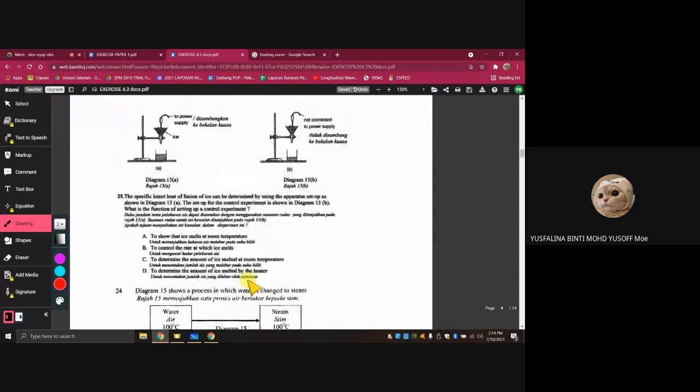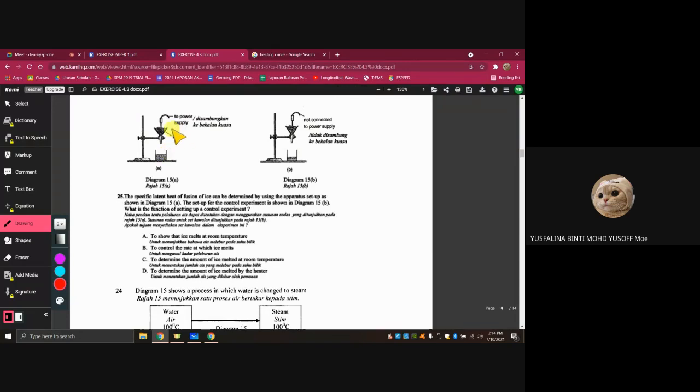For this part, it says: what is the function of setting up a control experiment? This is actually to find the specific latent heat of ice. There are two sources of heat here.